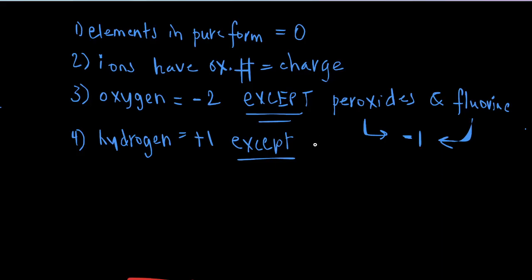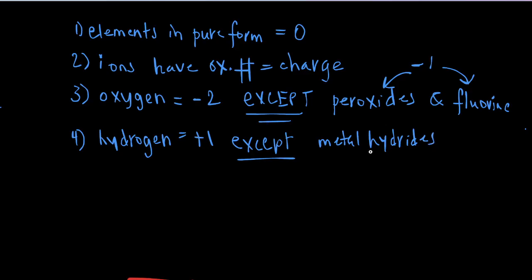Let's actually clear some space over here and say that we're going to have a -1 with our peroxides and with fluorine. And hydrogen, except in metal hydrides: when it's not a metal hydride, it's going to be +1, but when it is a metal hydride, you're going to have an oxidation number of -1.